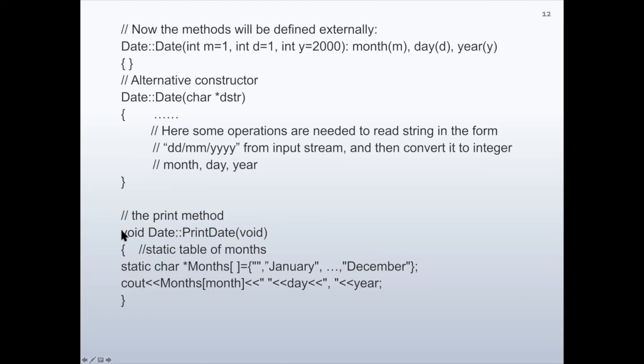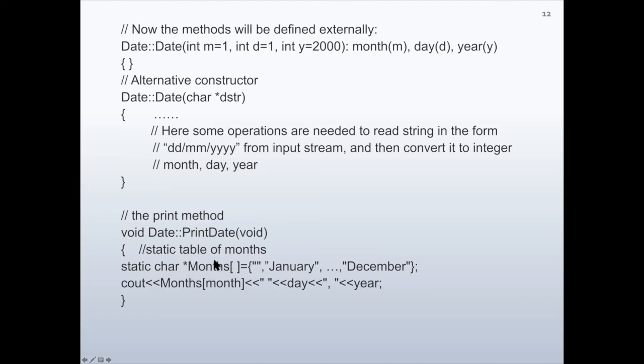The print method, again, belongs to the class date. The name of the method is print date. There is no input, there is no output. And here an array is declared. This is a static character string array.